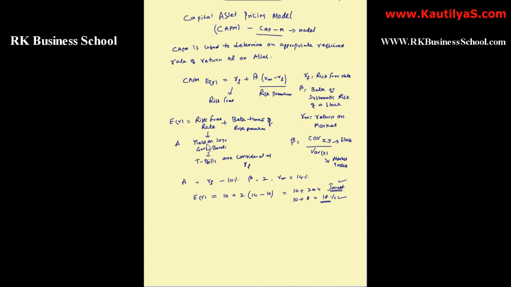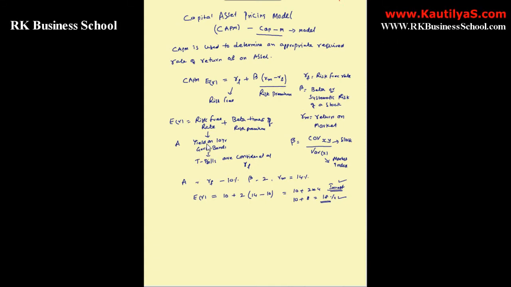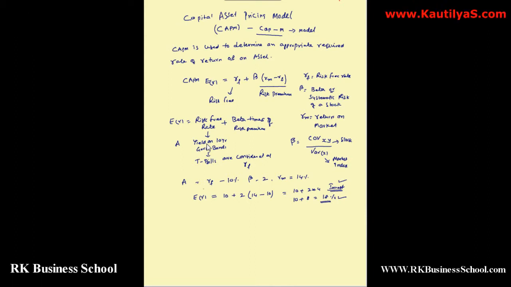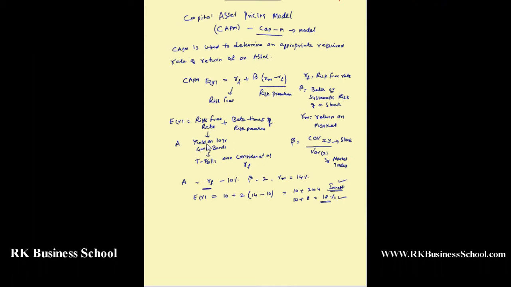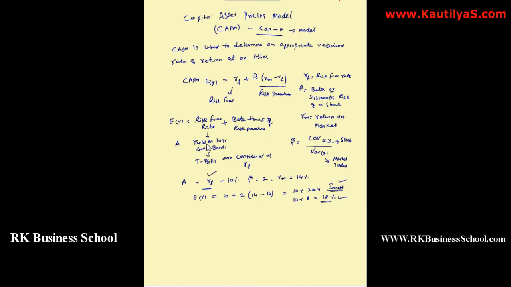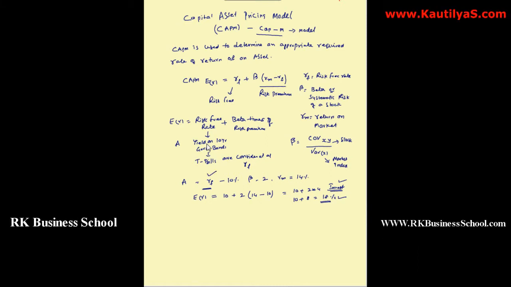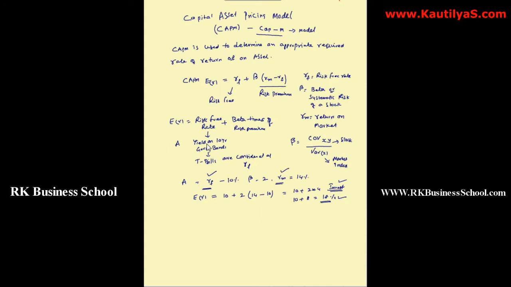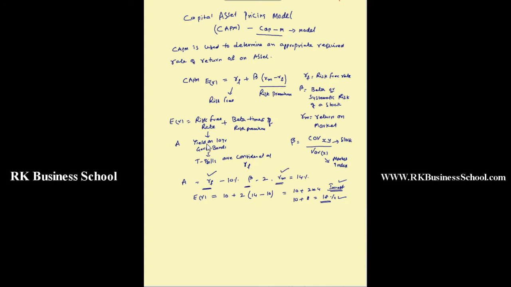And how are we going to compare stocks using beta? In all the cases, the risk-free rate for a particular point in time will be the same, as well as the return on market. So beta is what actually makes a difference.